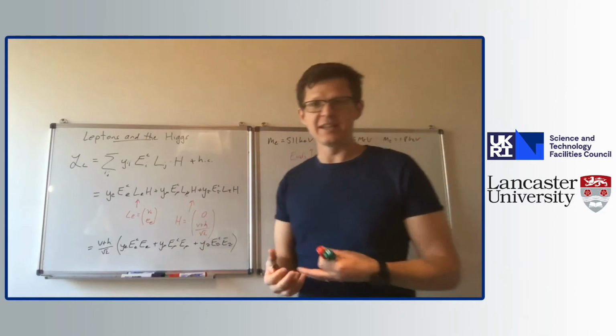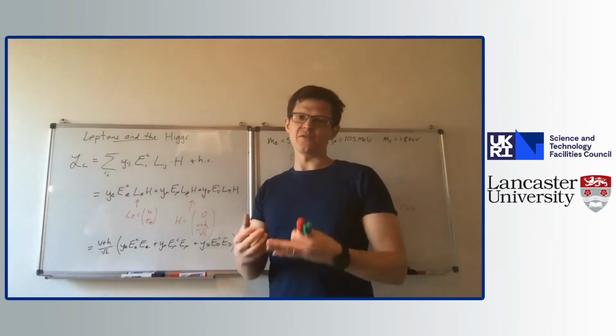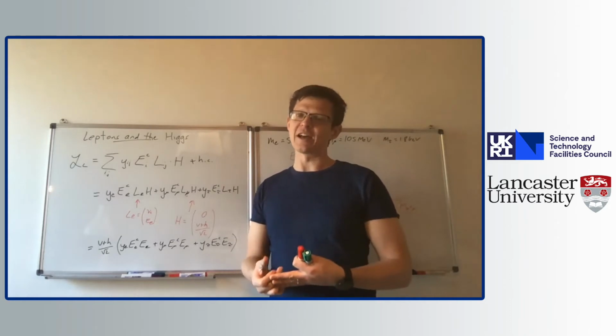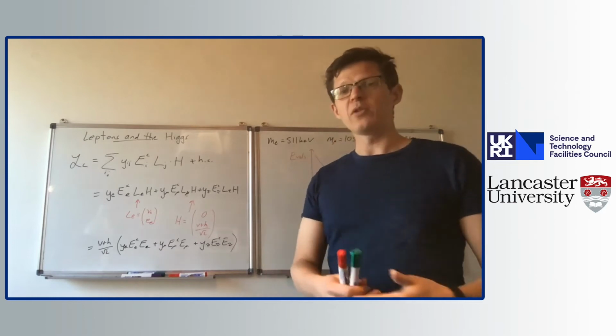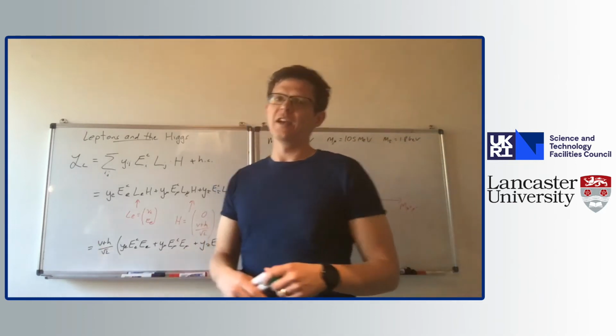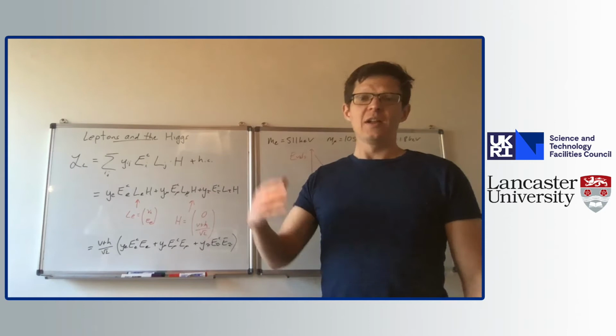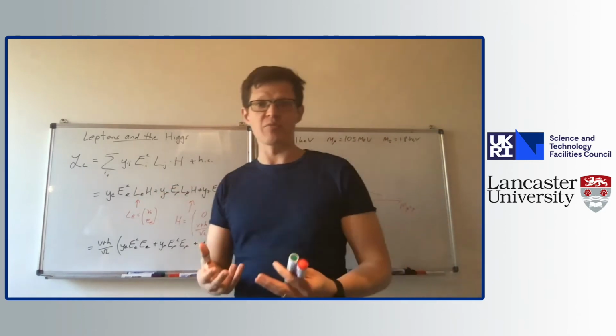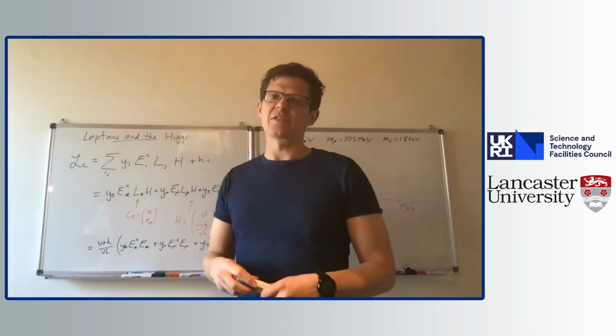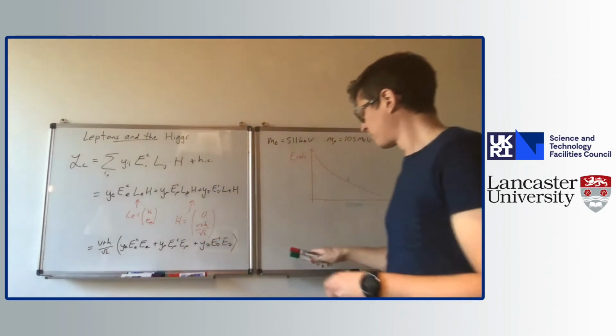It took decades and decades to even produce a Higgs and confirm that it's there. It was not an easy task, and it required thousands and thousands of people over many decades working towards that goal. Yet by the end of the high luminosity LHC, we would be able to say things like, well, we can start to probe couplings in the Higgs sector that are of order 10 to the minus 3.